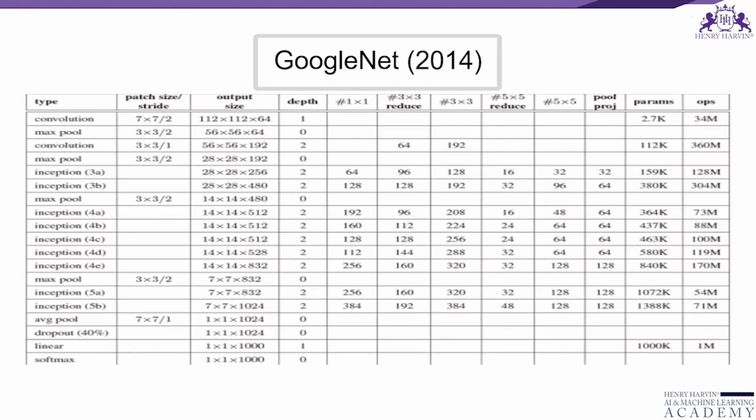So we can also see the number of 1x1 filters in the projection layer after the built-in max pooling in the pool project column, right? So all these reduction layers use rectified linear function as well, right?